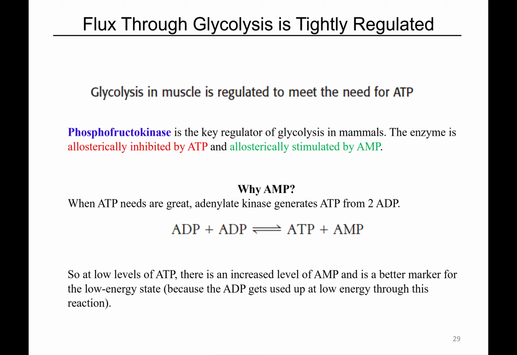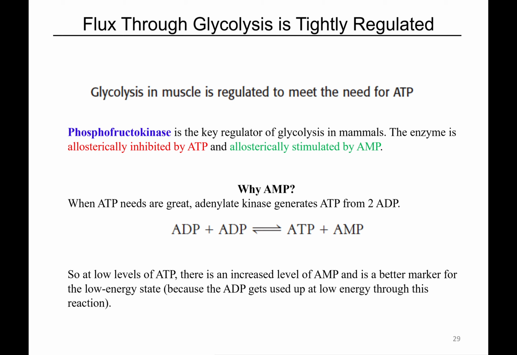Let's slow down flux through glycolysis. The reverse is true with a buildup of AMP. A buildup of AMP means a depletion of ATP. So that means we have a low energy charge, we need more energy, let's ramp up flux through glycolysis. So with a low energy charge, we have a high flux through glycolysis. With a high energy charge, we have a low flux through glycolysis.